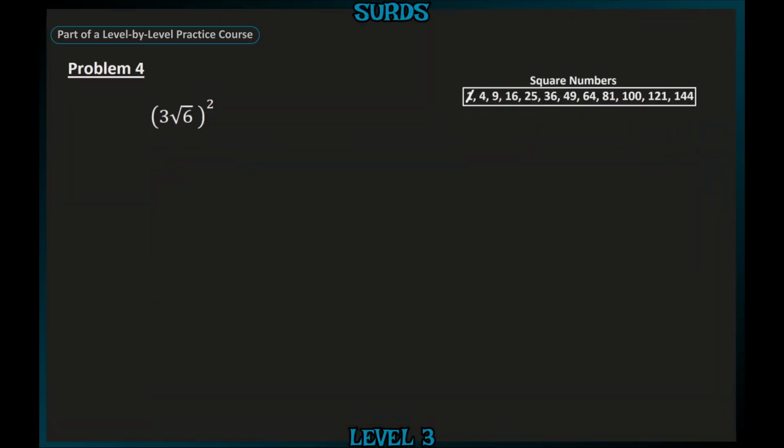In problem 4, we're simplifying 3 root 6 squared. When we square a number, it means that we're multiplying it by itself. So this is equivalent to 3 root 6 multiplied by itself, so times 3 root 6. Now we can simplify this by looking at the numbers outside the surd separately from the surds themselves. Looking at the numbers outside, we have 3 times 3, which gives us 9.